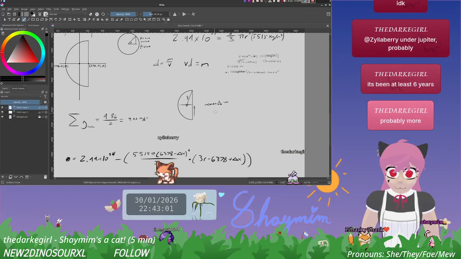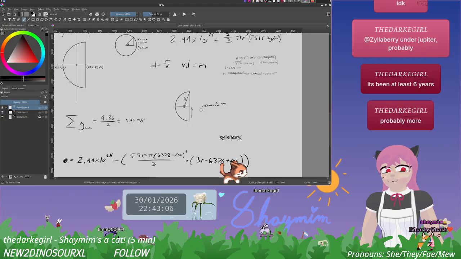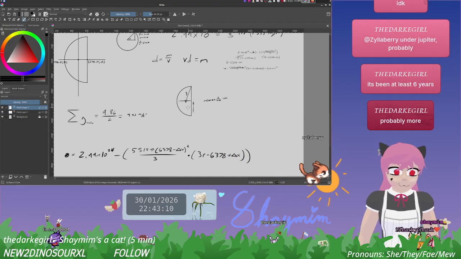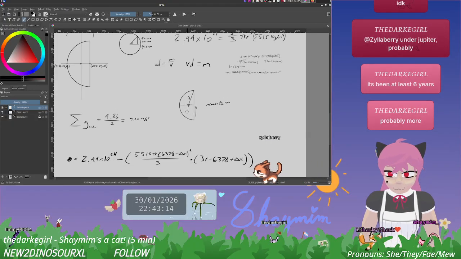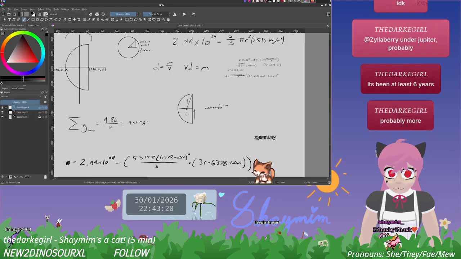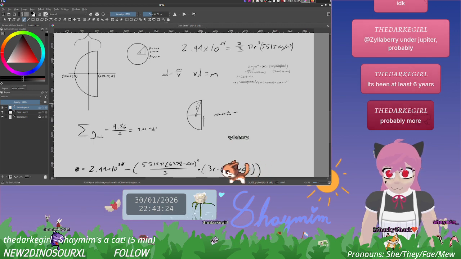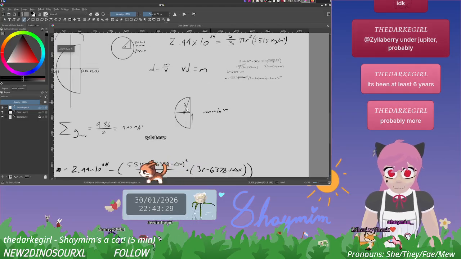I don't want to deal with theta. I wish it were in a variable I already had. Actually, we don't need to worry about theta.